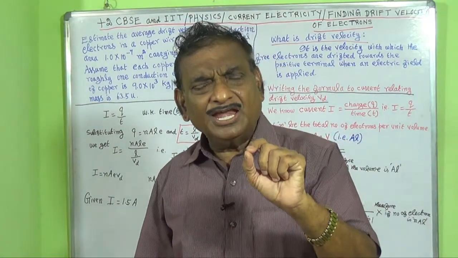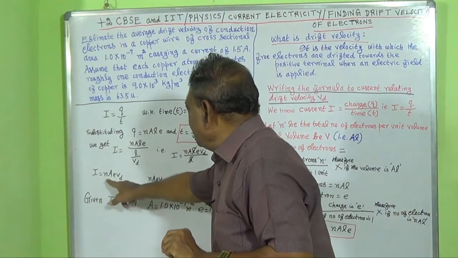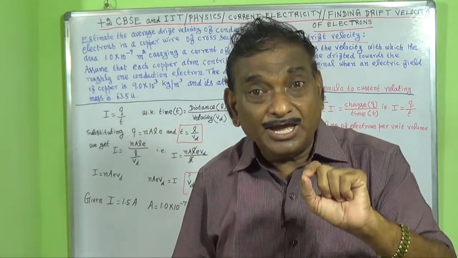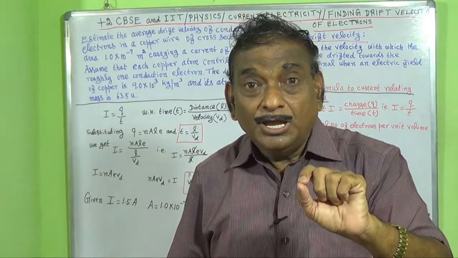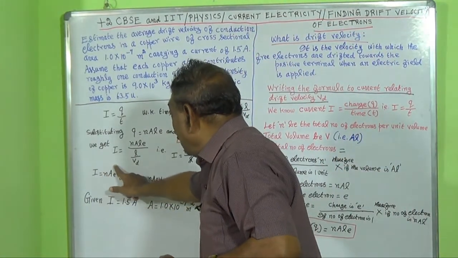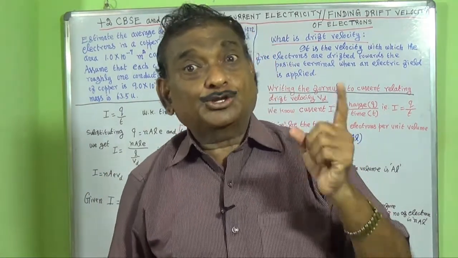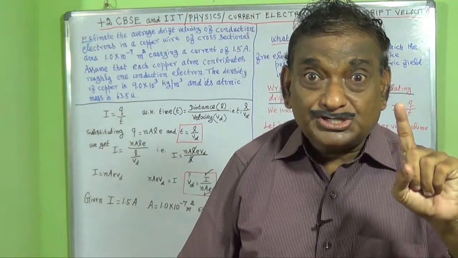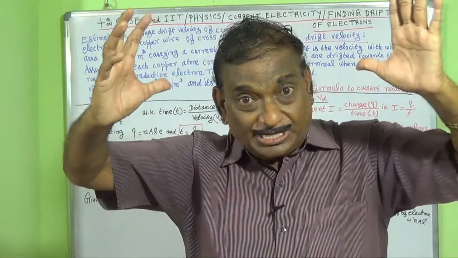What we understand on seeing the formula for the current, nAe vd, is that the current depends upon the number of electrons available in the given wire. These are the total number of electrons available in the wire. In order to get a large current, the number of electrons available in the wire should be greater.